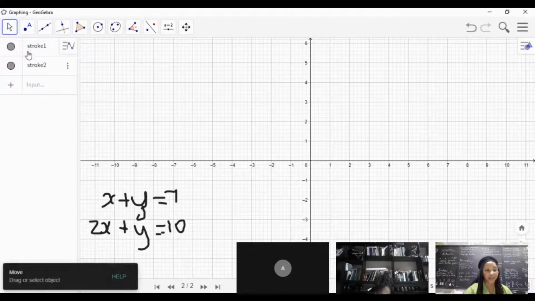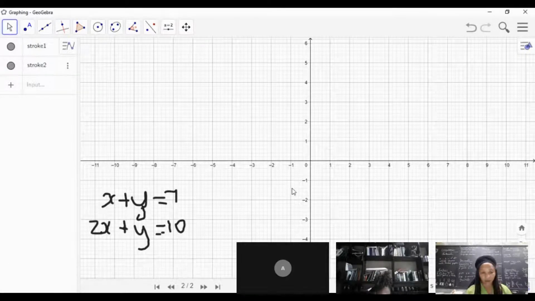And then now we're going to come back and plot them on the graph and see if we get the same solution, because we should get the same solution, whether you solve the simultaneous equations the algebraic way or you solve it the matrix method.